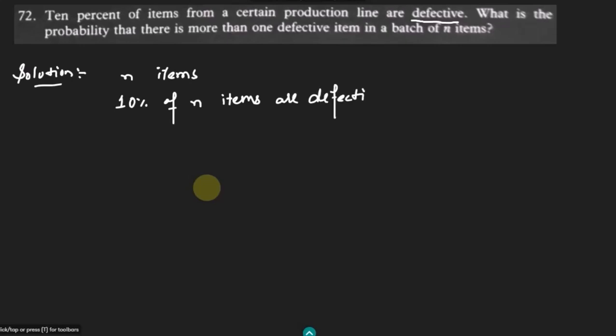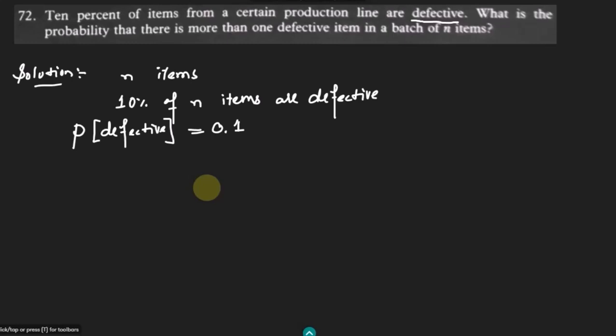So the probability of a defective item is 0.1.